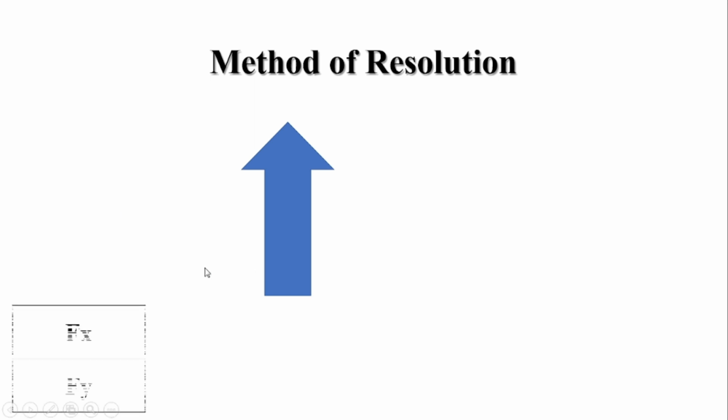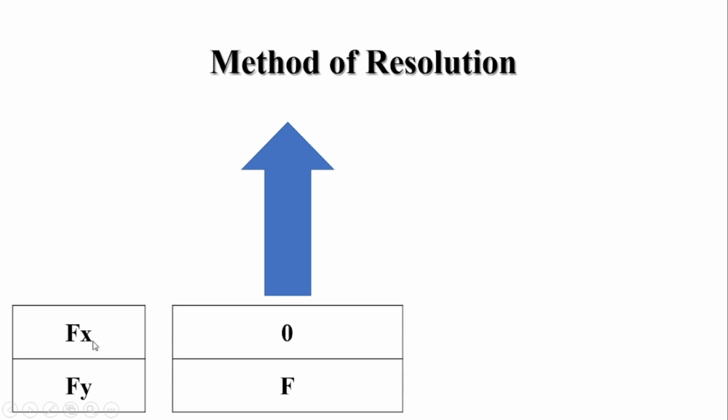Now we'll see how to apply method of resolution. For that you should identify the nature of force. Identify whether this force is horizontal or vertical. You don't require a millisecond to identify it. It is a vertical force, right? So remember, for a vertical force we will find out the values of Fx and Fy. If the force is vertical, then its Fx value will be equal to 0 and Fy value will be equal to the magnitude of the force. Now identify this force.